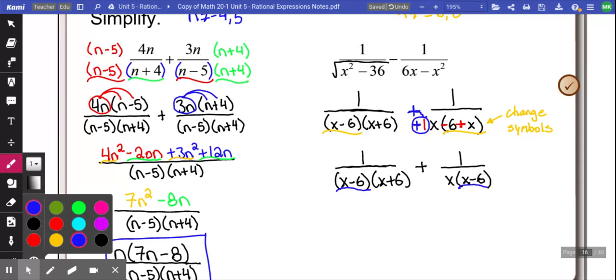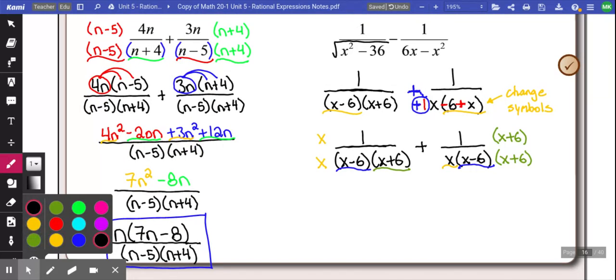These both already have an x minus 6, so I don't need to multiply either one by that. The first fraction has an x plus 6. That means I have to multiply the second fraction by x plus 6. The second fraction also has an x out front. That means I need to multiply it by x out front.